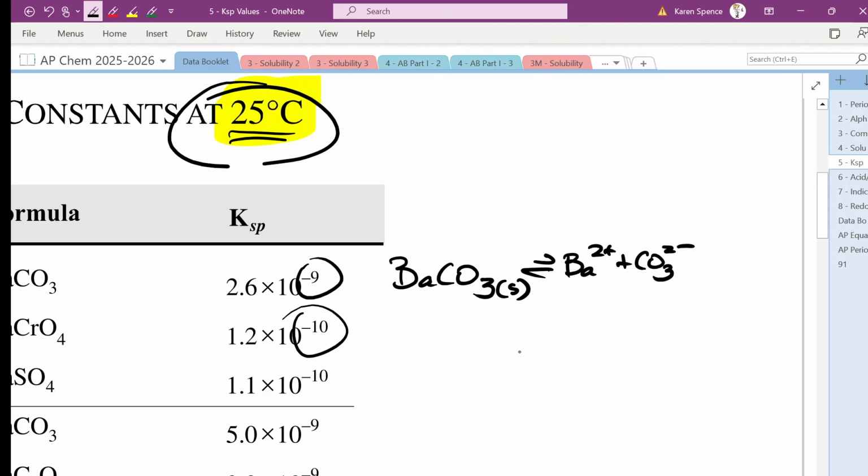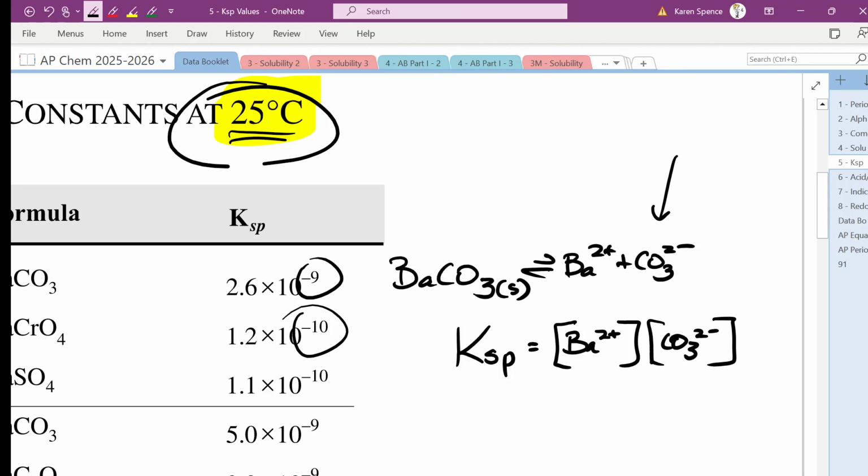What would be our Ksp expression for this reaction? Ba2+ times CO3 2-. Do you see how if we were to write it the other way around, we would have a 1 over, and it would be more awkward to calculate? The reason they do it this way is easy calculation.